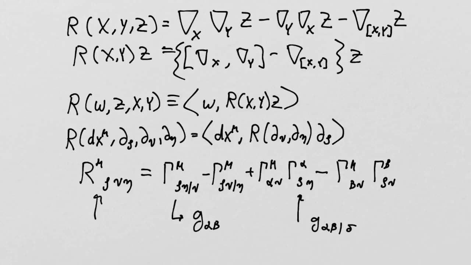Say I throw in a delta here. But the Riemann tensor depends on the first derivatives of the connection. So it's going to depend on the second derivatives of the metric, the Riemann tensor does, which is interesting.